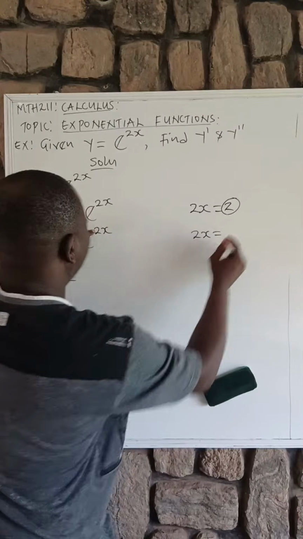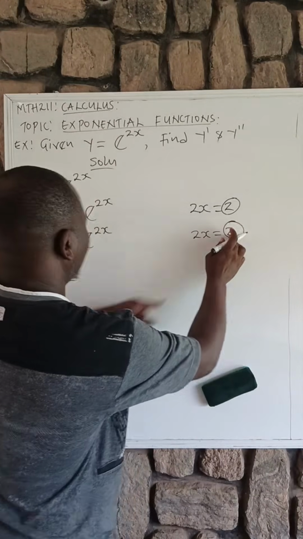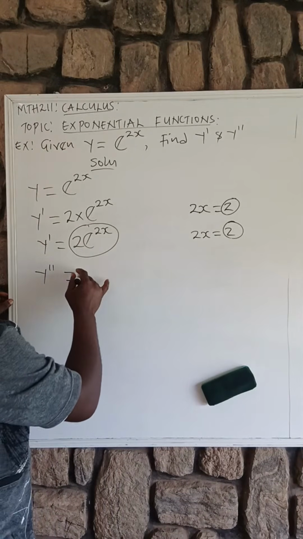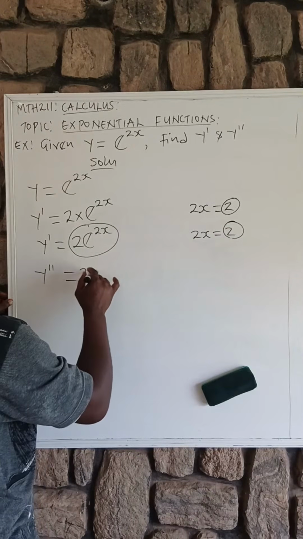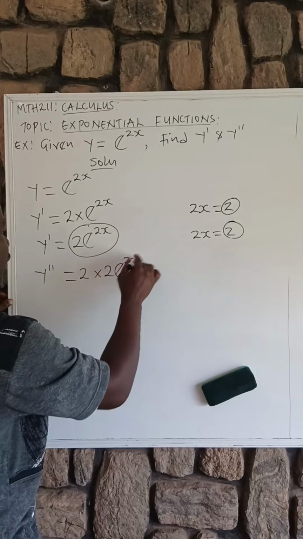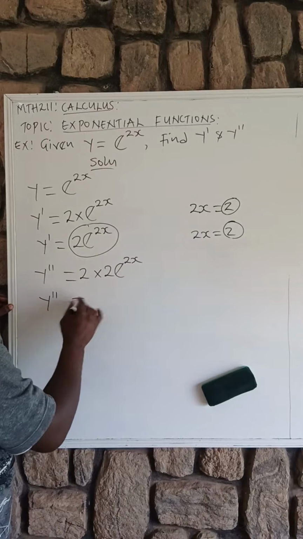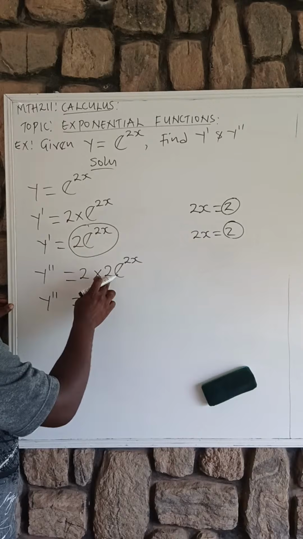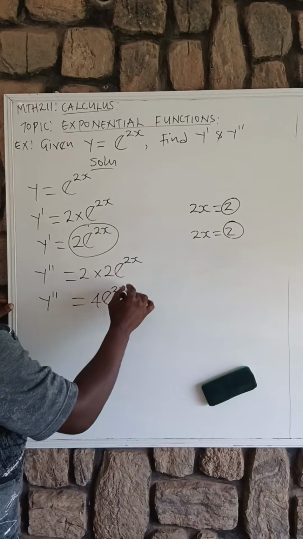So if you differentiate 2x, you get 2. Then use this 2 to multiply what is here. So the answer here is 2 times 2 exponential 2x. True or false? So our y prime prime will now be equal to 2 times 2, which is 4 exponential 2x.